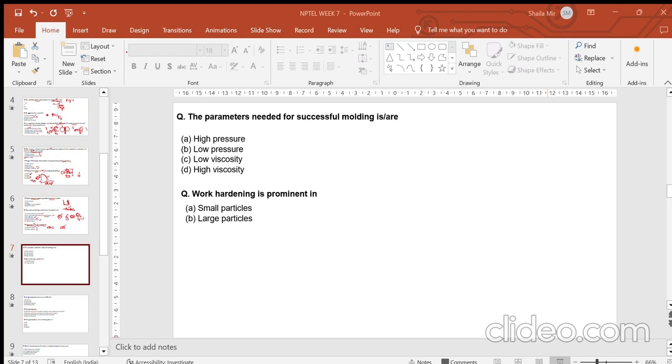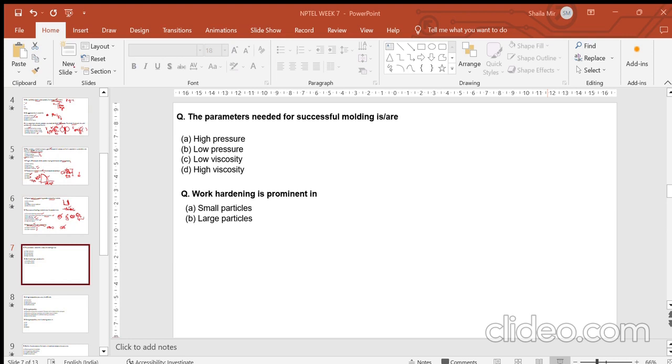If you have high pressure, it will be favorable for formation of the mold, right? Because high pressure will help in higher compaction and higher filling of the voids between the particles, and therefore there will be less porosity, and overall we will have a successful mold. So high pressure is one of the options.